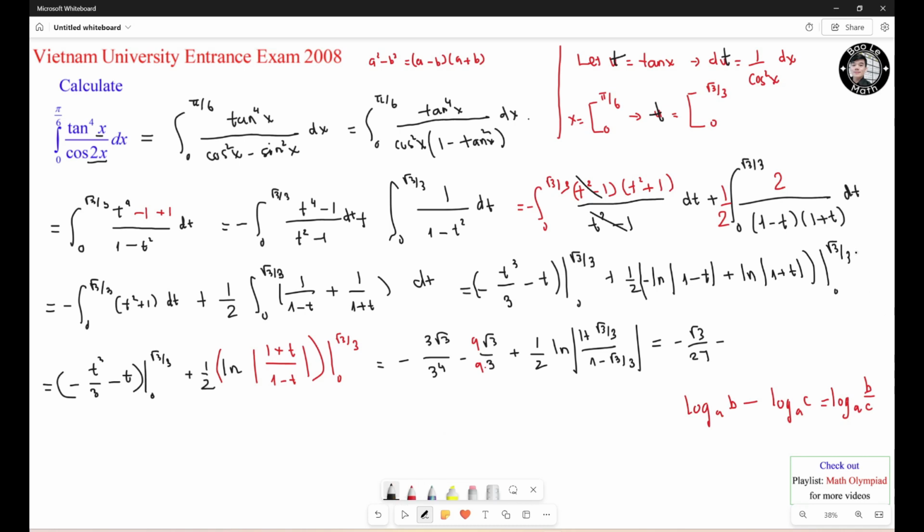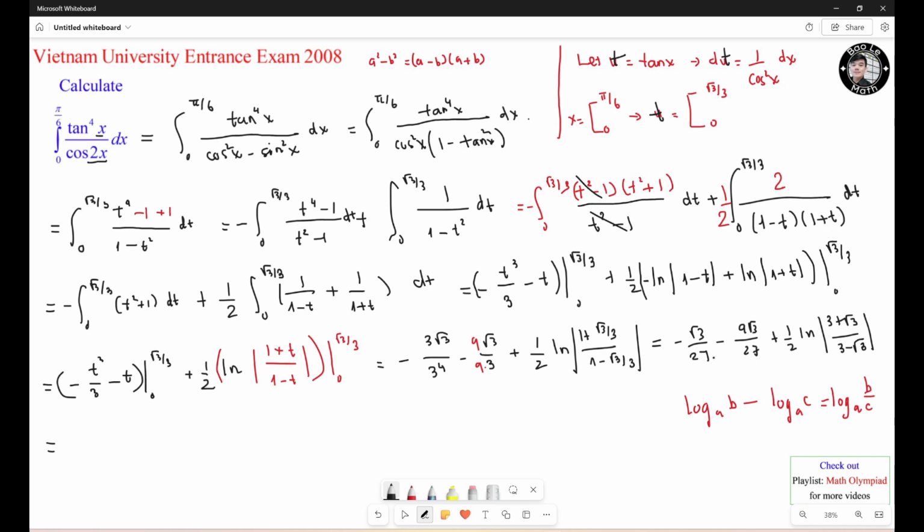So it's going to be minus 9 root 3 over 27, so that I can combine this guy and this guy because they have the same denominator. Now the second one is going to be plus 1/2 natural log of absolute value of 3 plus root 3 over 3 minus root 3. Alright, now next one.